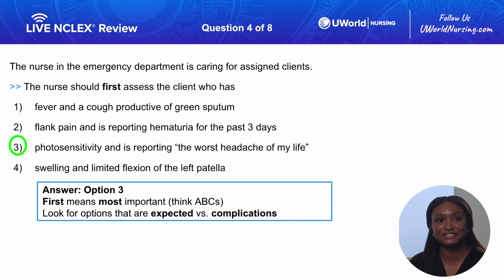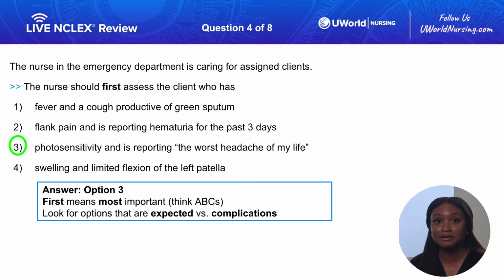Okay, correct answer for this one is option 3, photosensitivity and is reporting the worst headache of my life. Again, we're going to try to figure out what these symptoms are diagnoses of. So fever and productive green sputum, this is likely a respiratory infection. It's not giving us any signals that their oxygen level is low, it's just showing an infection.